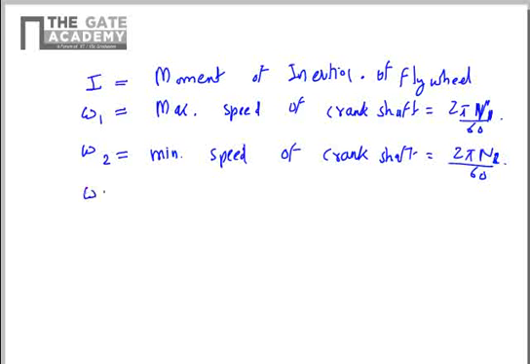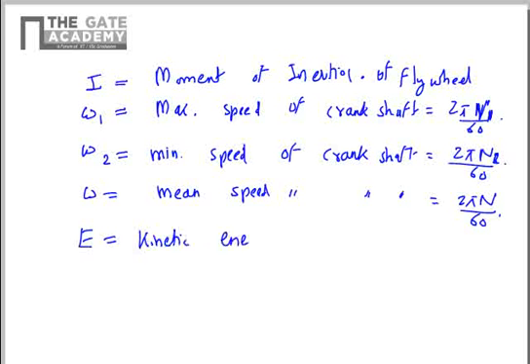Then we have omega, which is the mean speed of the crankshaft, equal to 2 pi n by 60, where n is the mean RPM of the crankshaft. And then we have E as the kinetic energy of the crankshaft at mean speed, that means omega.